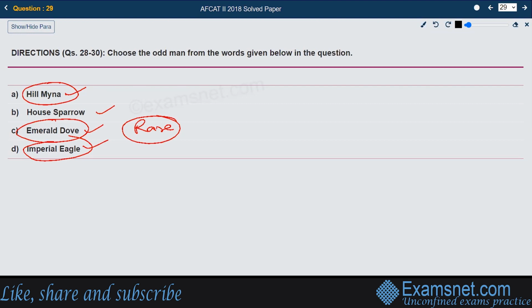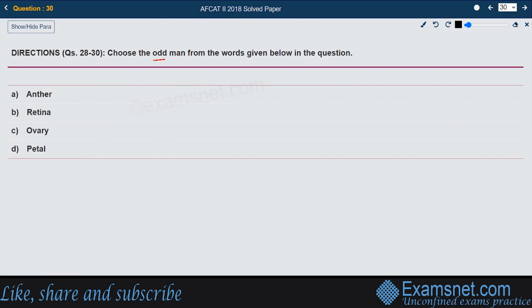Commonly, they are not found so easily. So the right answer is house sparrow. All of them are birds, but house sparrow can be found very commonly in your surroundings. So that should be the odd one out, because the rest of the birds are a little rare to watch. So the right answer becomes B.